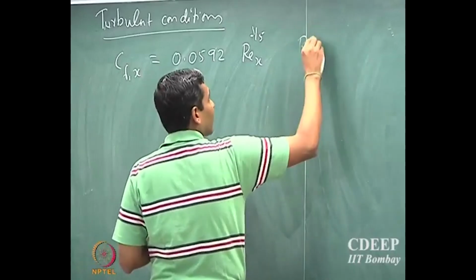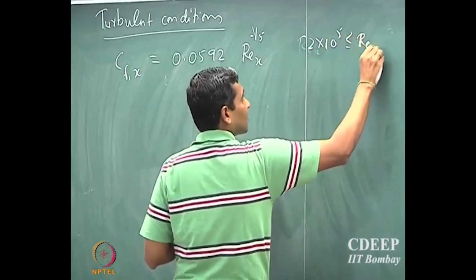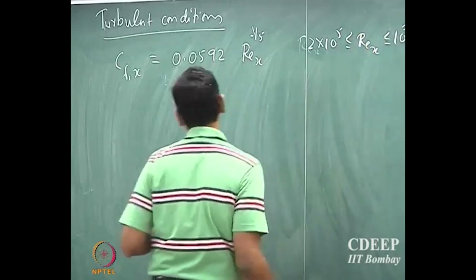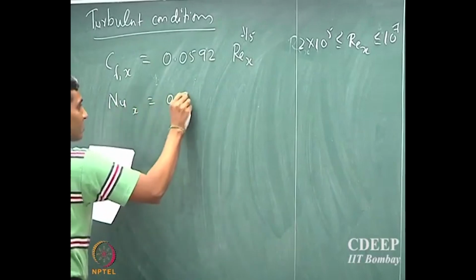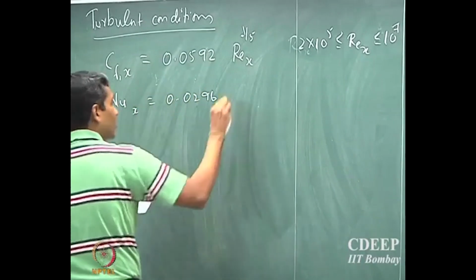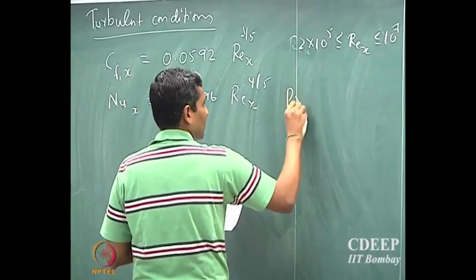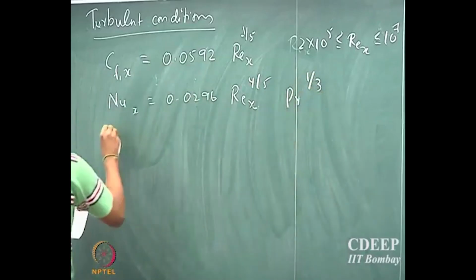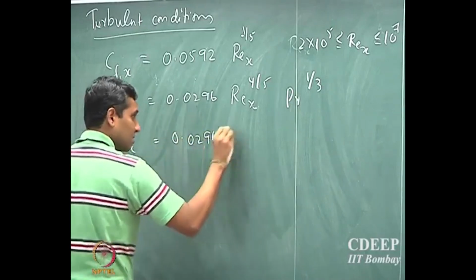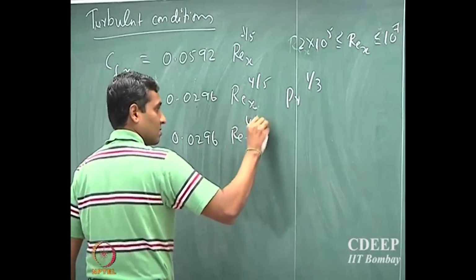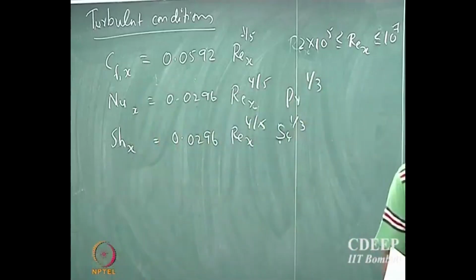So we assume that the Reynolds number is between 2 into 10 power 5 and the Nusselt number is given by 0.0296 into Rex to the power of 4 by 5, Prandtl number to the power of 1 by 3, and similarly. So that's for the turbulent conditions.